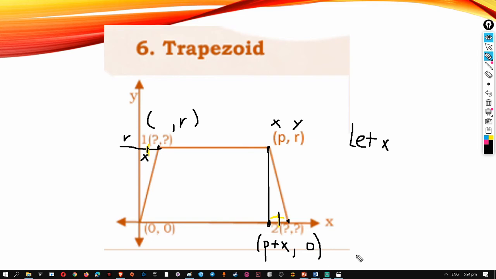Okay? Next. So, ito ay kasi hindi nga natin alam. So, this is x. Tingnan natin. Okay. So, that's x comma r and p plus x comma r. Mali. That is comma 0.